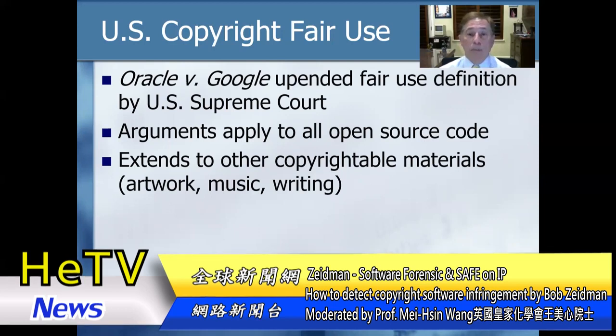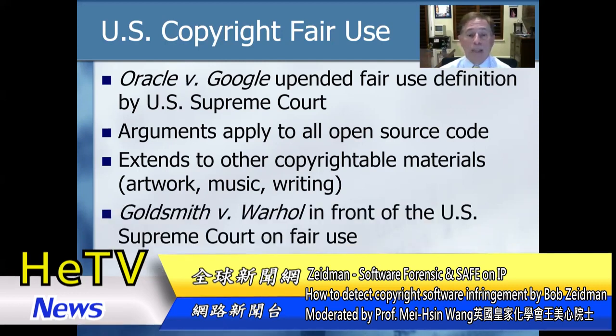I believe also that the Supreme Court's recent ruling extends to all other copyrighted materials, even though they haven't stated that explicitly. Their arguments, which I've looked at, can easily apply also to artwork, music, writing, and other copyrighted materials.